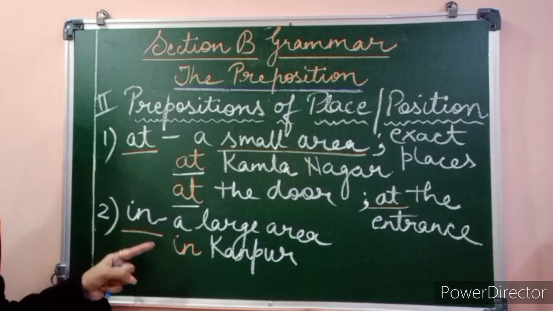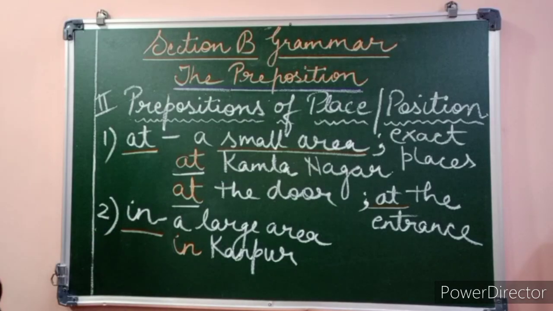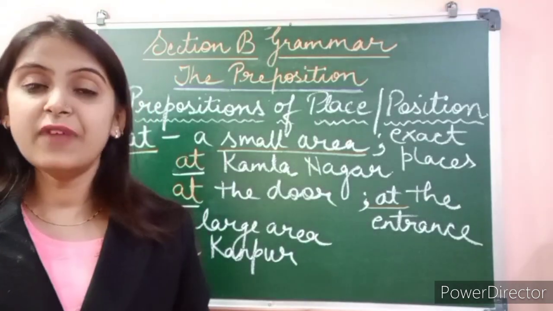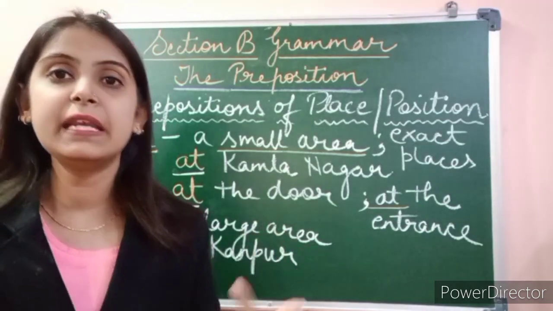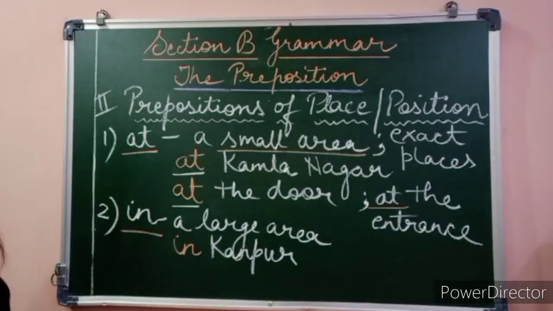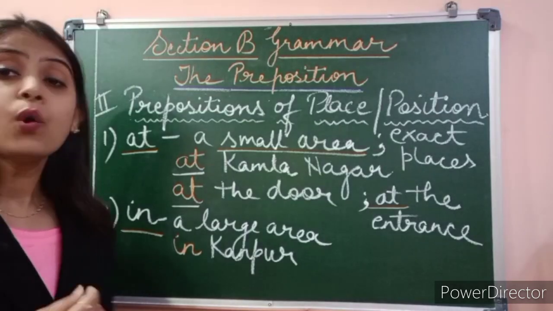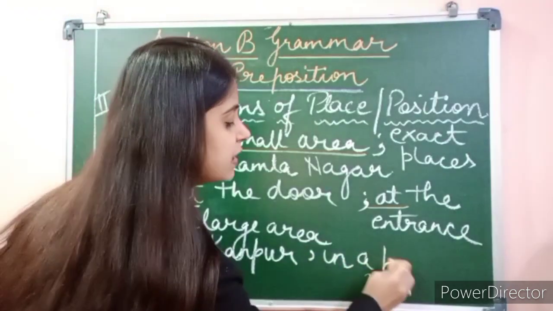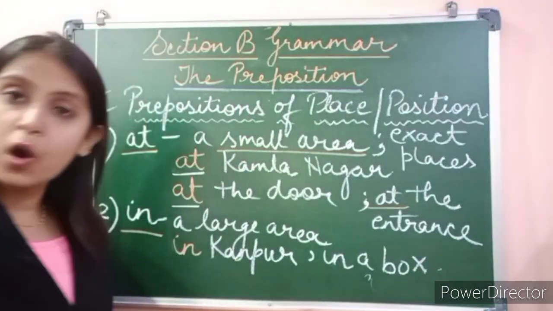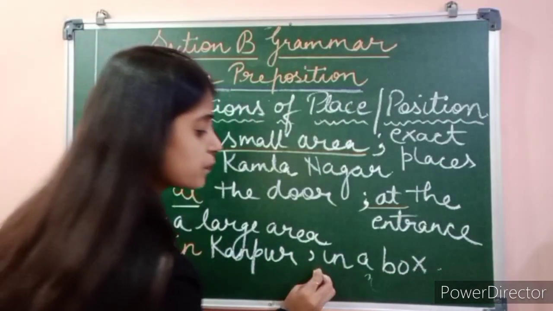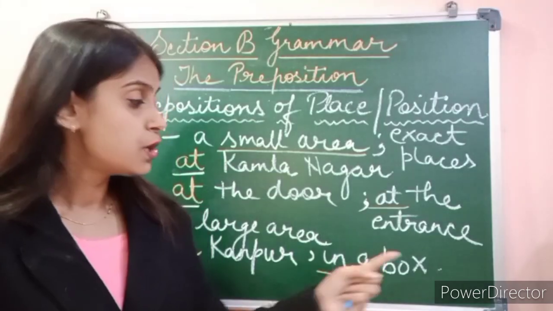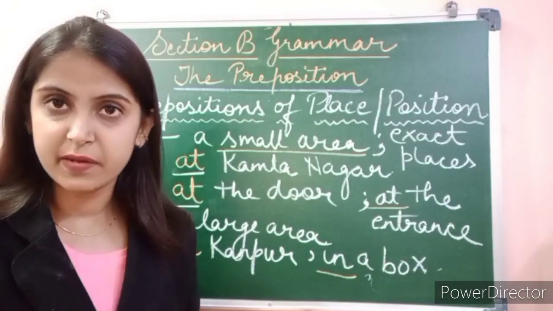Now in is also used when any noun is in an enclosed space. Okay, when any object is in an enclosed space. For example, my watch is kept in a box, right? So my watch is kept in an enclosed space, so box is a covered area, right?